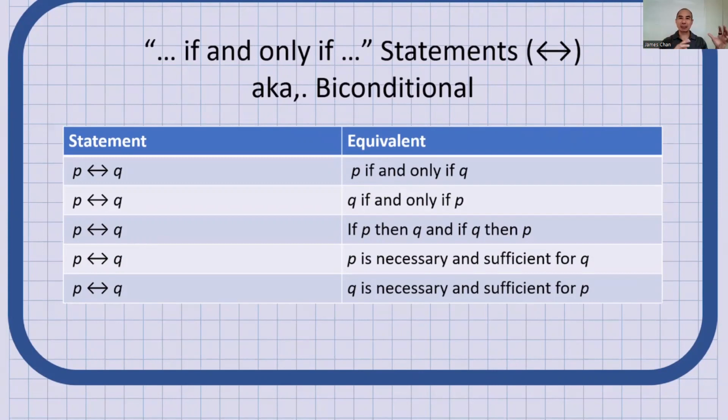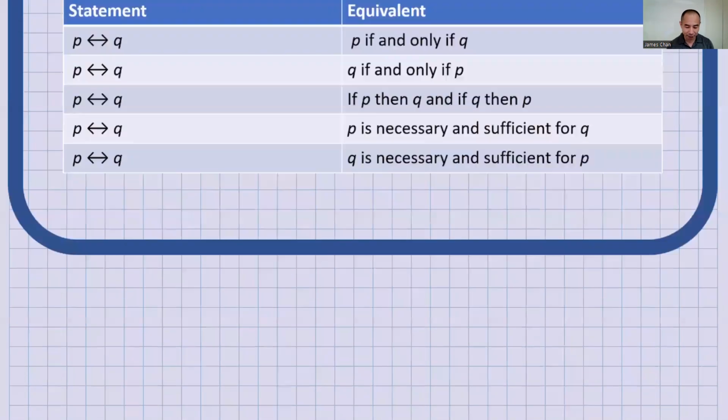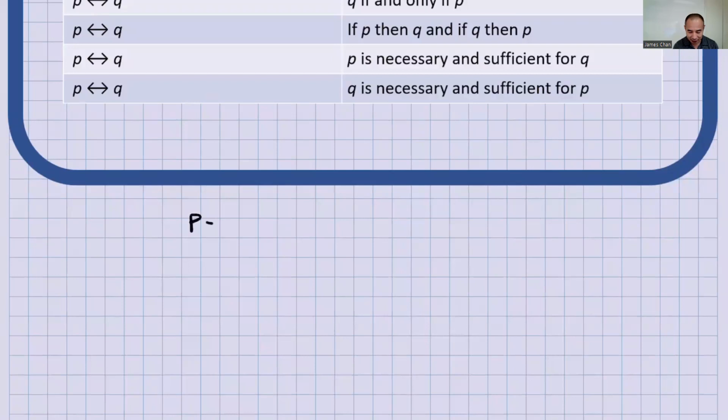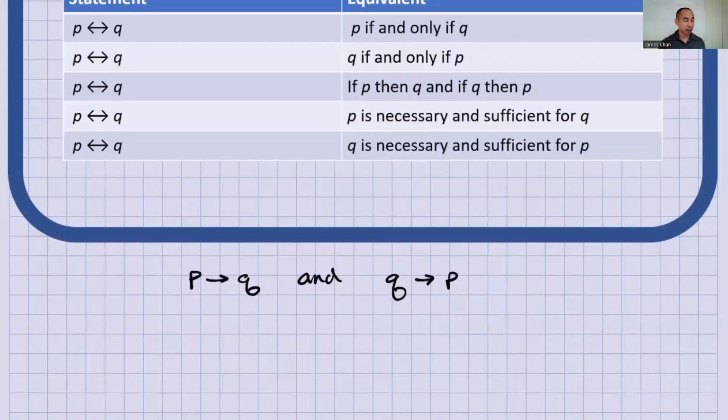The reason why it's biconditional is because really what you have is a P then Q and Q then P. That's why it's biconditional, because it's going in both directions. Okay, that's why the double arrow is here, because both directions have to work, right? So it's not just P to Q, but it's also Q to P.